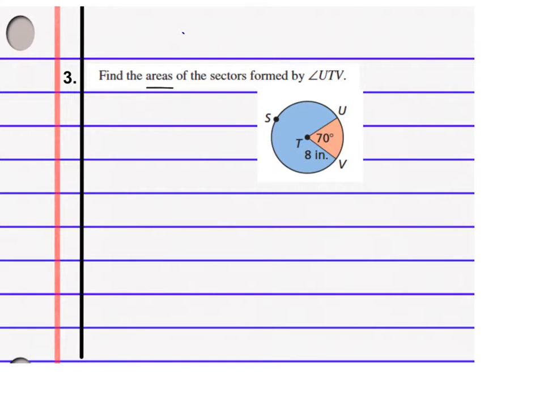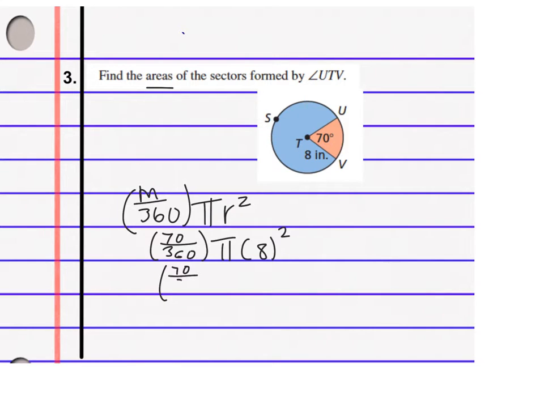So I'm just going to use my formula. So the area of a circle sector formula, that was m over 360 equals pi r squared. The m in this case is 70. 70 over 360. The radius is 8. If you want to just go ahead and make that a 64, rather than writing that out, that's totally fine.